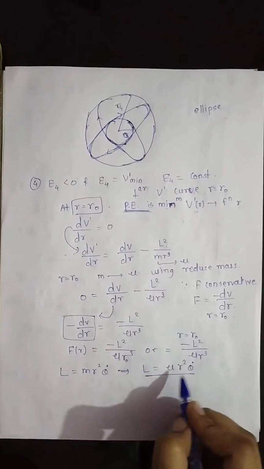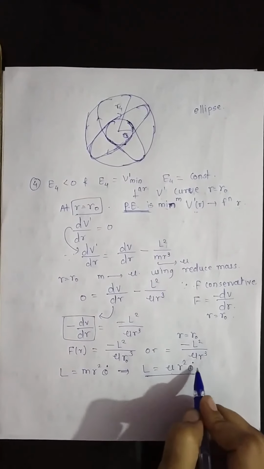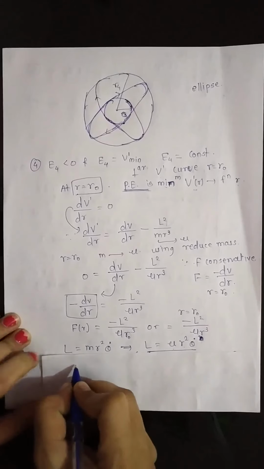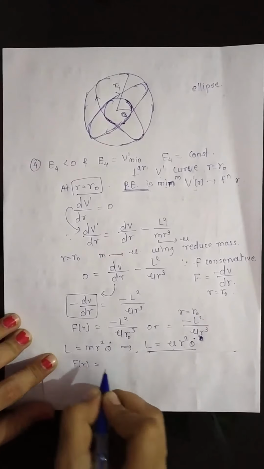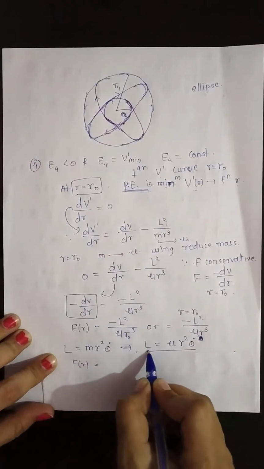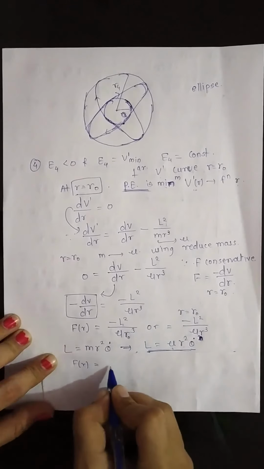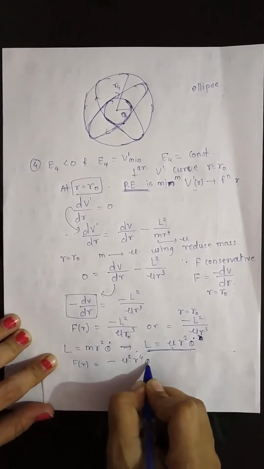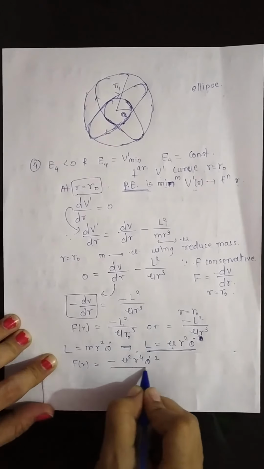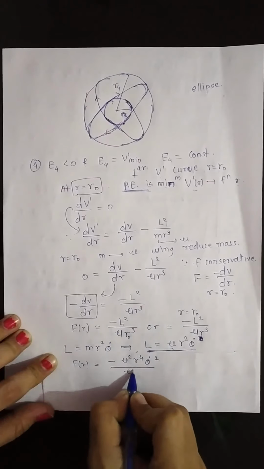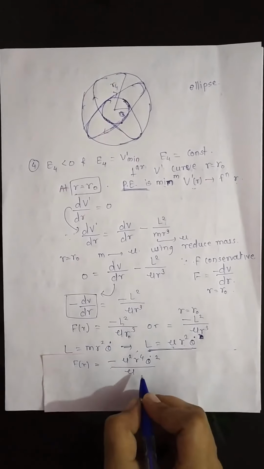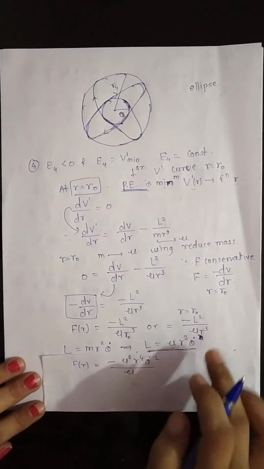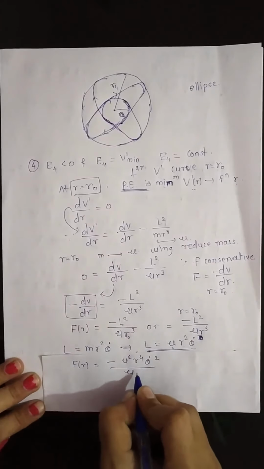We will put L square as mu square r to the power 4 theta dot square, so that we get F of r equals, instead of L square we substitute this value, minus mu square r to the power 4 theta dot square upon mu as it is, and the remaining term is r cube.